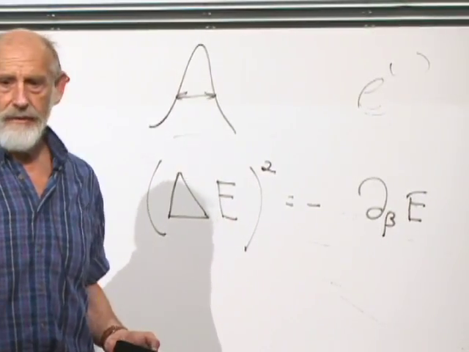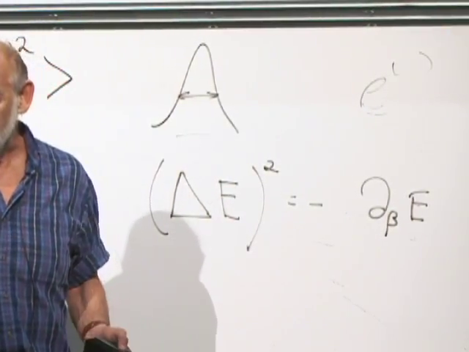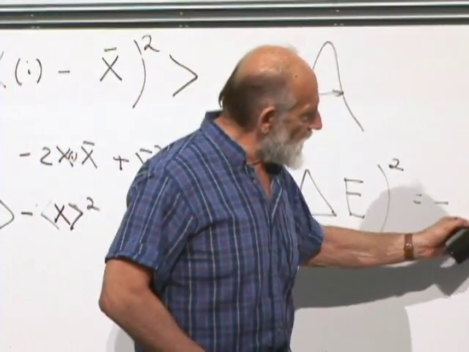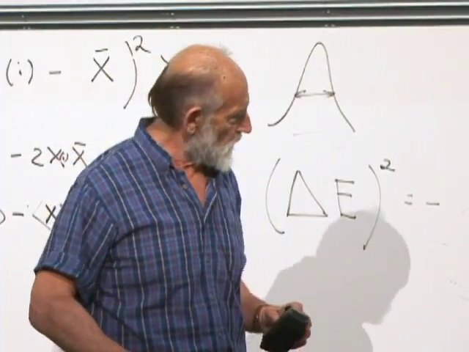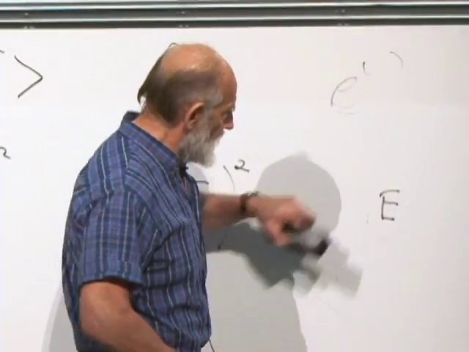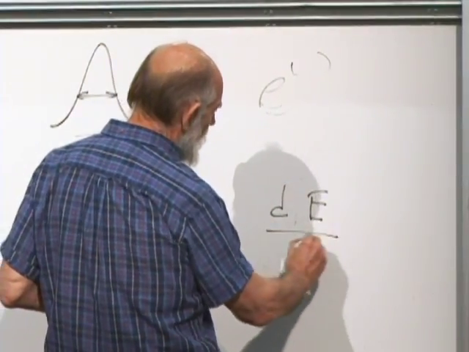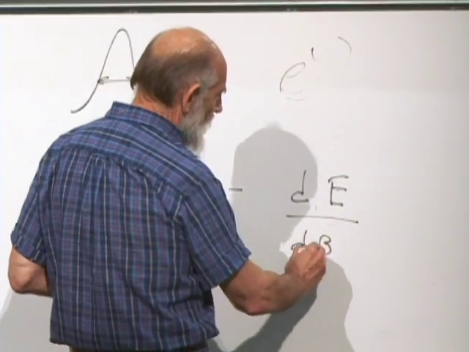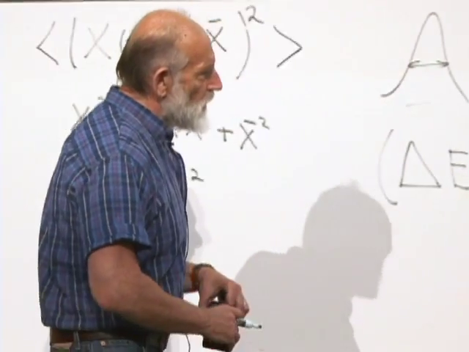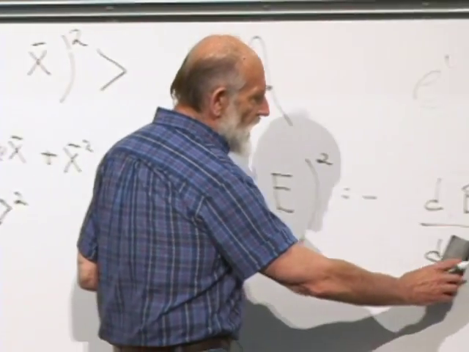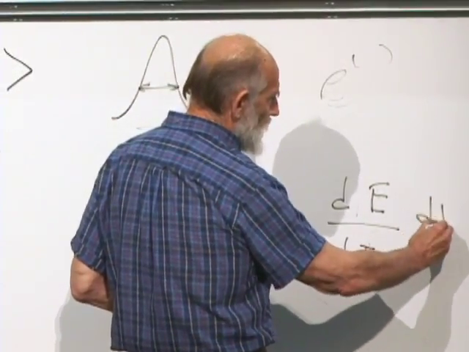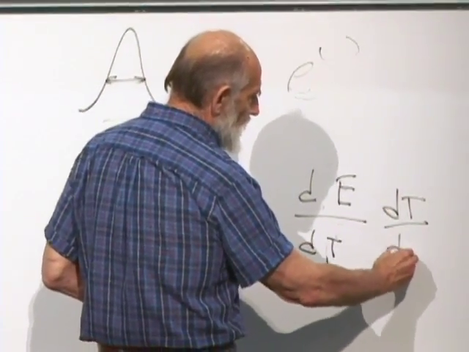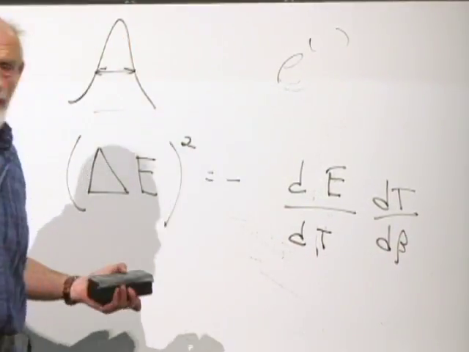Now what is beta? Beta is 1 over temperature. So this can be related to the derivative of the energy with respect to temperature. This is dE d beta, which is dE by dT, temperature, times dT d beta. But beta is just 1 over temperature.